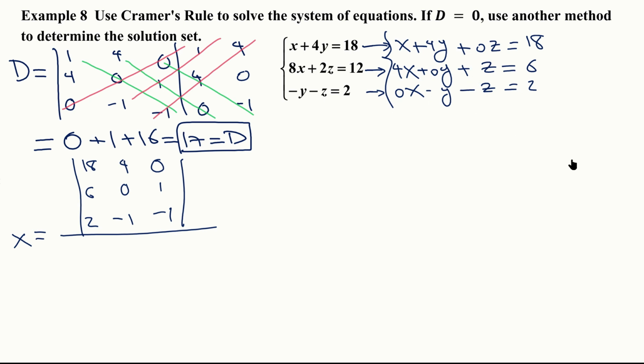So now we repeat the first two columns. So 18, 6, 2, and 4, 0, -1. All right, we form the green group. And the red group.